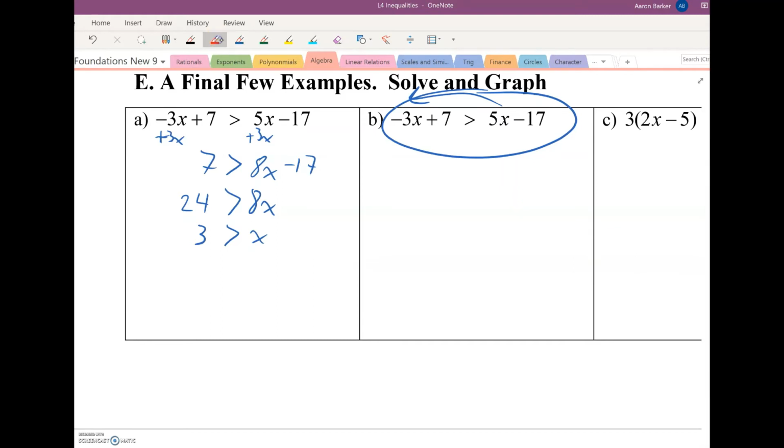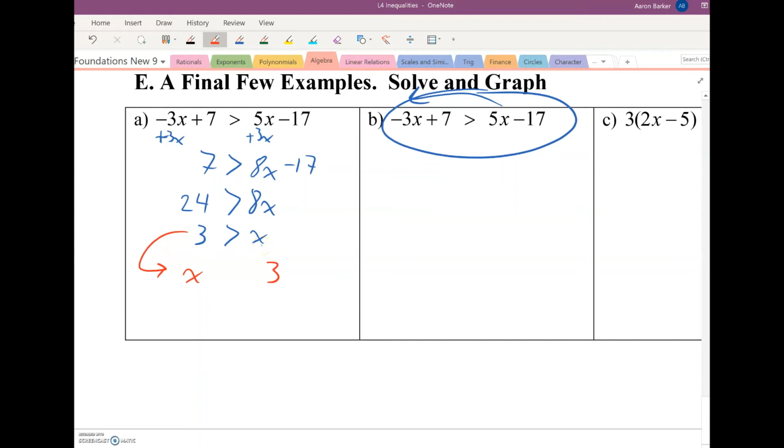Now, I always say you want x first because this is hard to say. How would you say that? 3 is greater than x? Well, wrong. You have to start with the letter first, so let's start with the letter first. So we have x and 3. Now you'll notice the sign is eating the 3, and it's food specific, so we don't want to barf on our page and get sick.